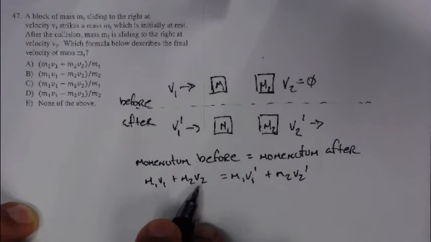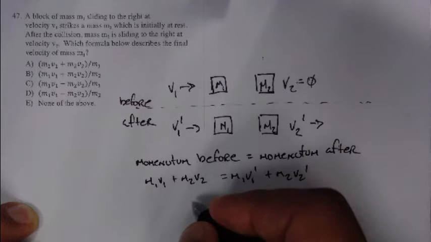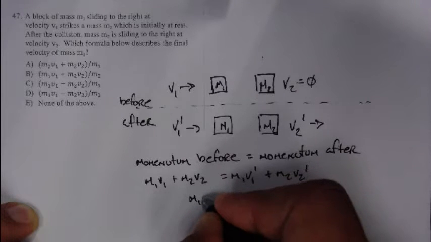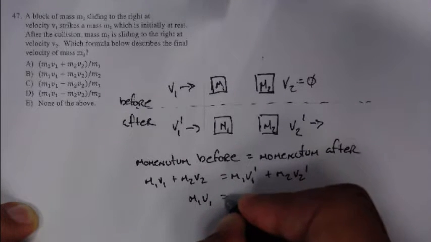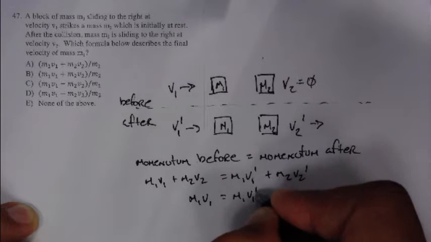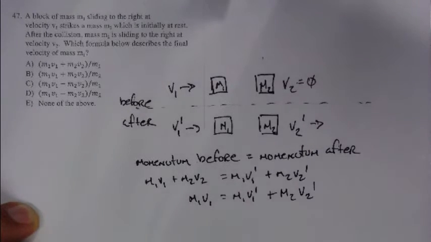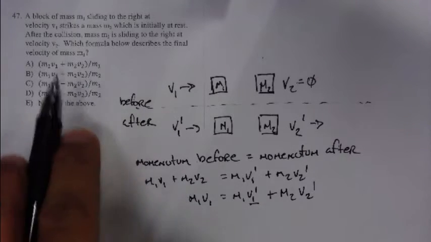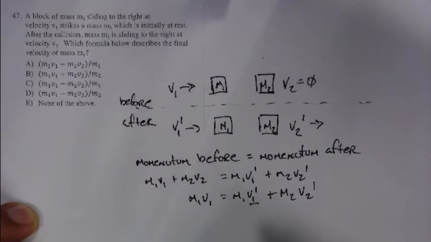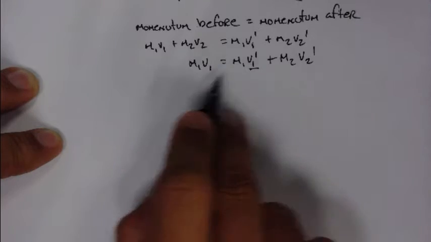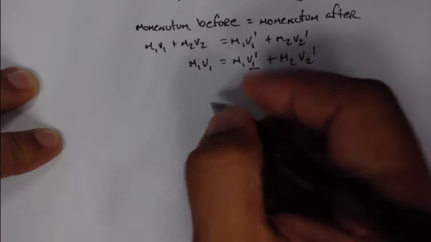Now in this case v2 is 0, so this becomes m1 v1 is equal to m1 v1 prime plus m2 v2 prime. Now we are asked to solve for v1 prime. What's the velocity of the first mass after? So in order to do this, we start moving things around and solving for v1 prime.